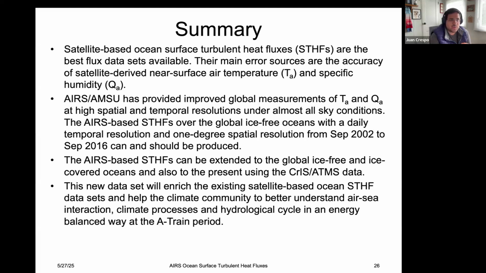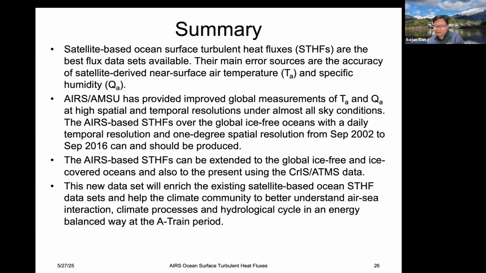Can you remind me again, because we're focused on the ice-free areas here, I can't remember if it was mentioned, how are we detecting when there's ice present, to make sure that's flagged out and the fluxes are not estimated using this algorithm?